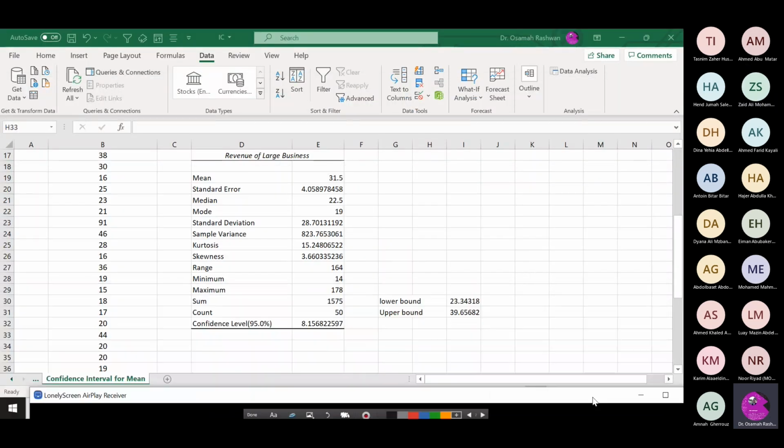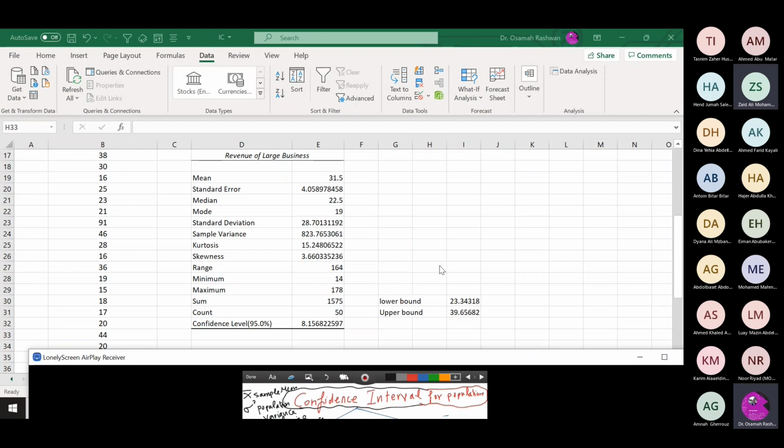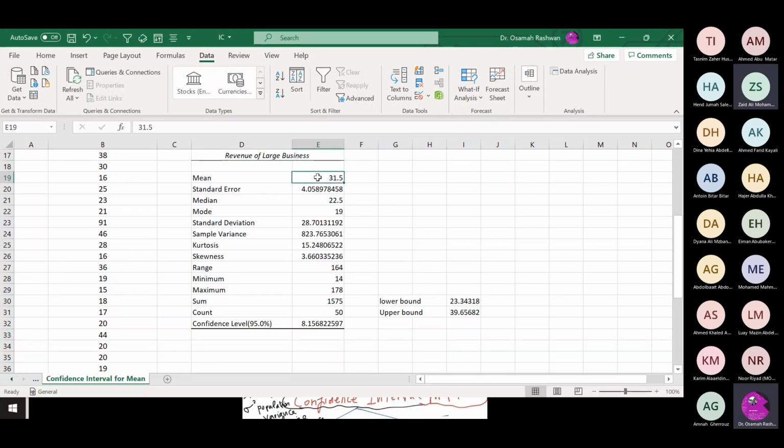Doctor, can you repeat the lower limit? This is the mean, right? The mean minus the margin of error. This is the sample mean, because I use x bar, right?